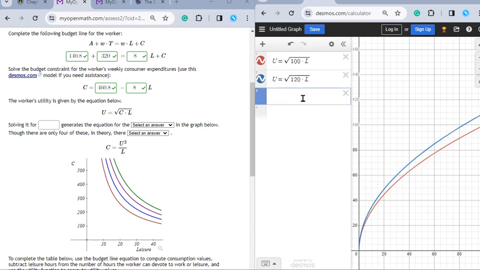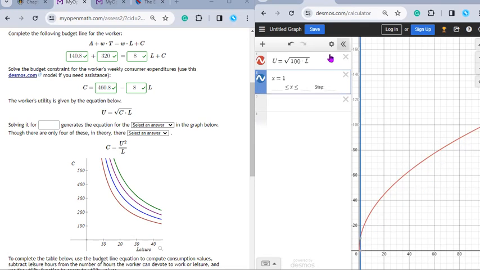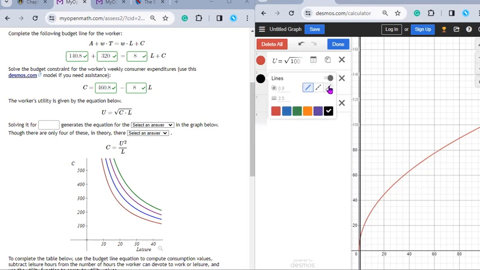Okay, so let's look at the marginal utility of leisure. So I'm going to set X equal to 1. I'm going to change the color here to black and make it a dotted line and make it skinnier.